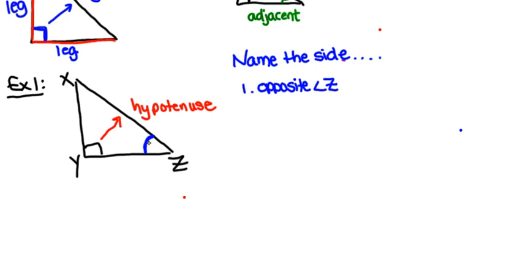Here's my angle Z. If I look opposite or across from angle Z, the name of the side that's opposite angle Z is side XY.